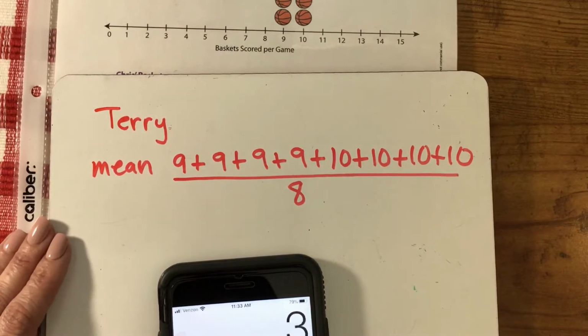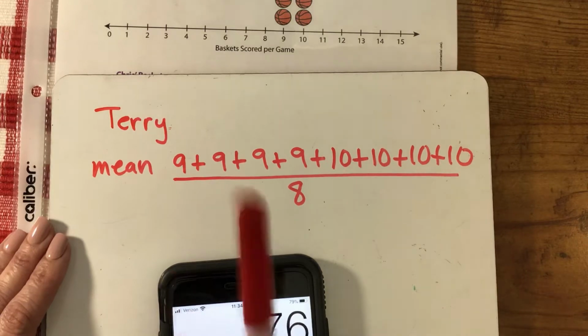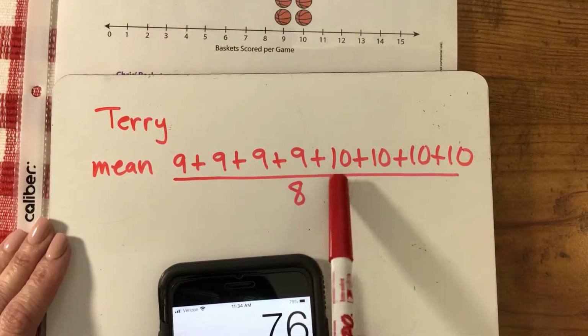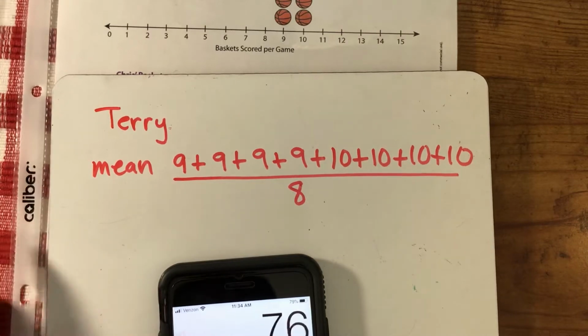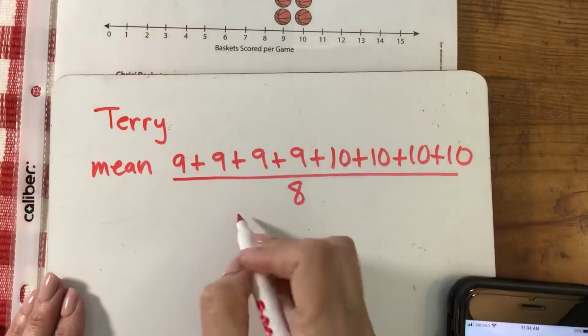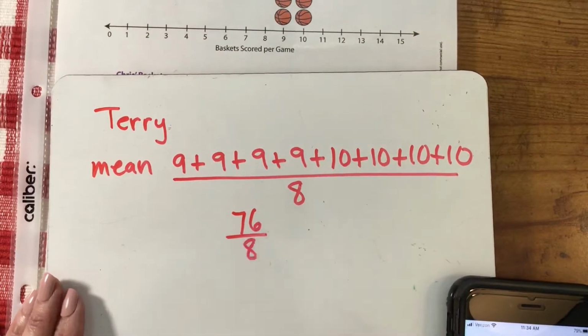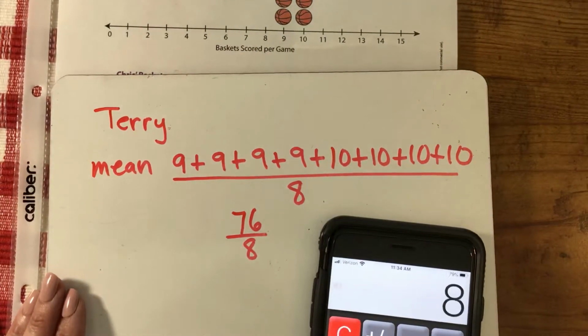Because 36 plus 40 is, oh wait, no. 36 plus 40. Oh, it's 76, okay. So you should have 76 over 8. And let's do our division for that. Divide that by 8, and you should have 9.5.